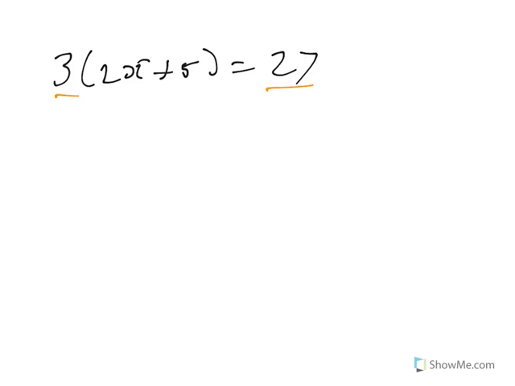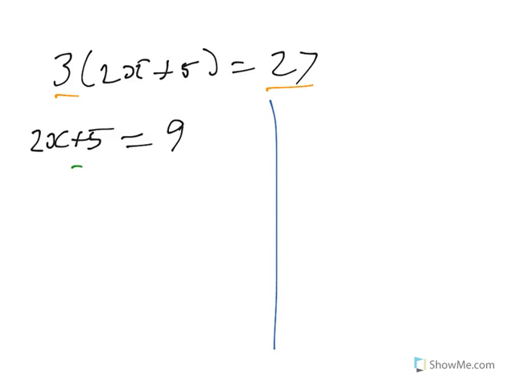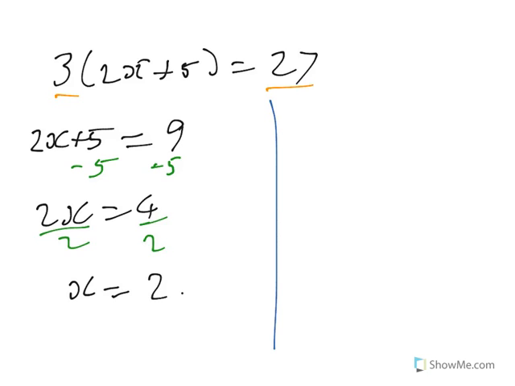So what I'm going to do is I'll split this down the middle. If we do the divide by 3 both sides one, then we'll have 2x plus 5 equals 27 divided by 3, which is 9. And then rearrange, take 5, 2x is equal to 4, divide by 2 both sides, and x is equal to 2.